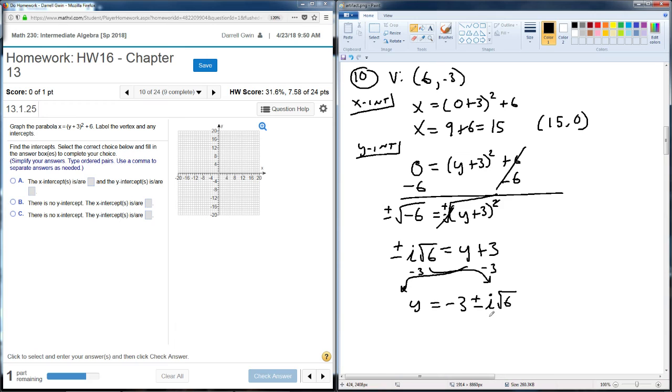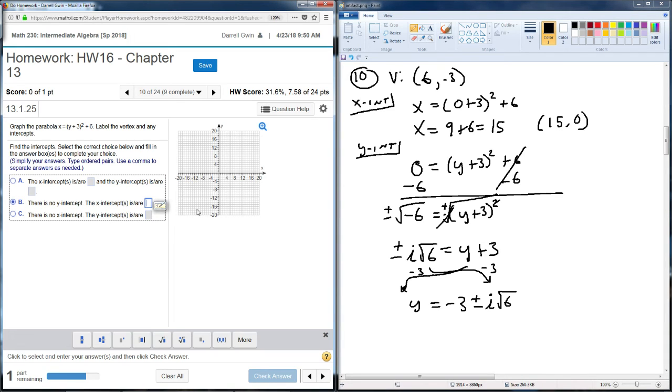Because it has an i, it is imaginary. That means the y-intercept does not exist. So it's no y-intercept, and there is an x-intercept, which is 15, 0.